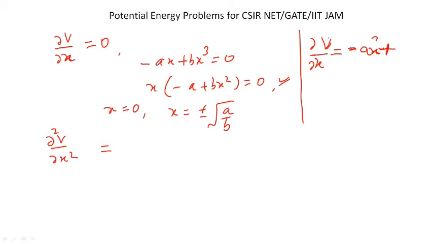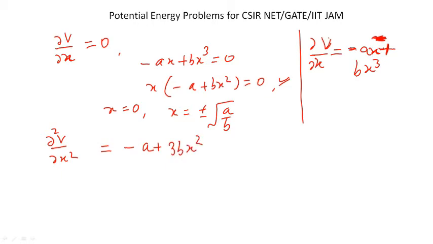You know that del v over del x is equal to minus ax plus bx cube. So here del 2v over del x2 will be equal to minus a plus 3b x square.